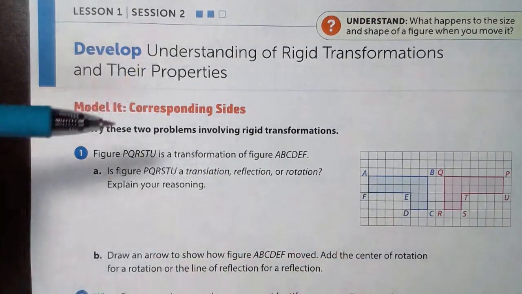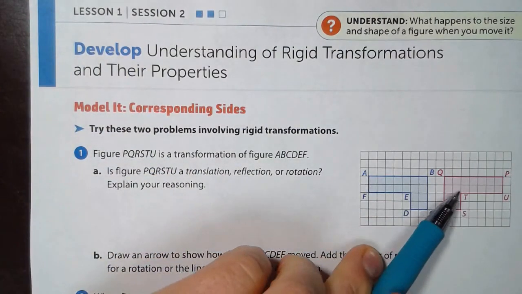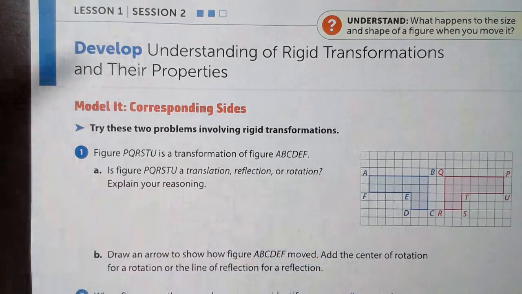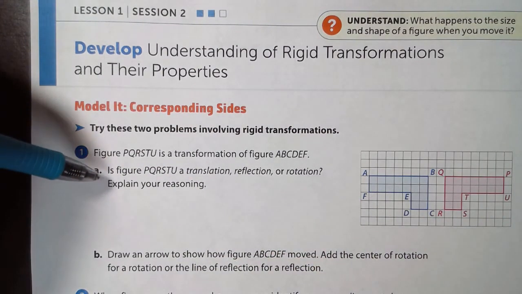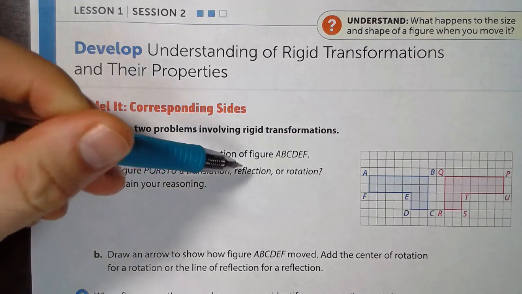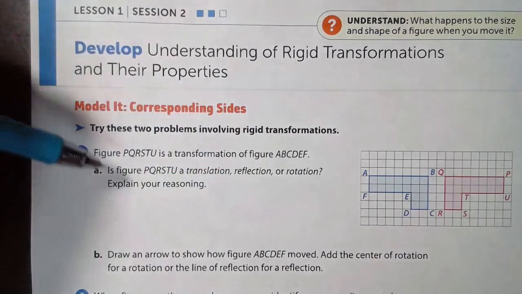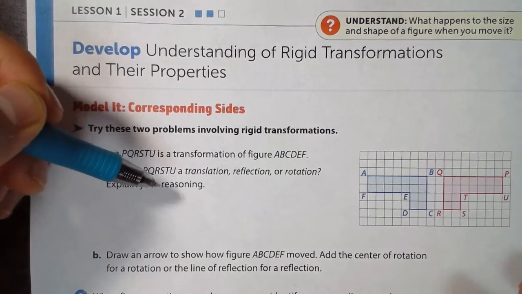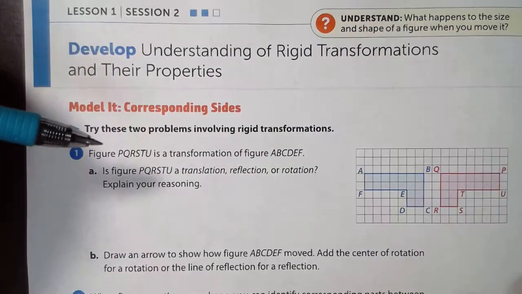It's right here. So we're starting here on this red shape and we're ending up here on this blue shape. It says, is figure PQRSTU a translation, reflection, or rotation? Explain your reasoning.